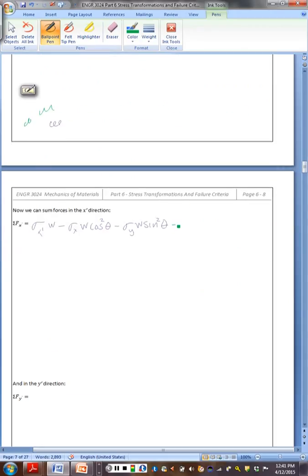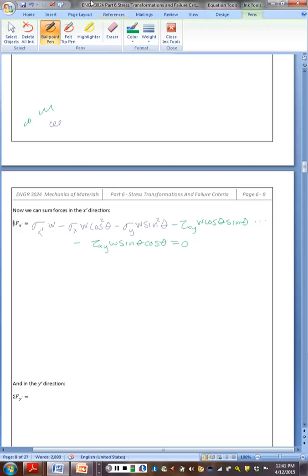So we have minus tau xy W cosine theta sine theta, and a minus tau xy W sine theta cosine theta. And all of that has to equal 0.